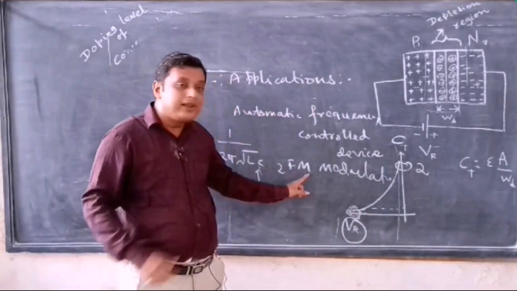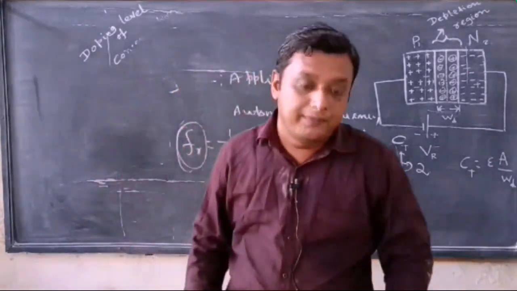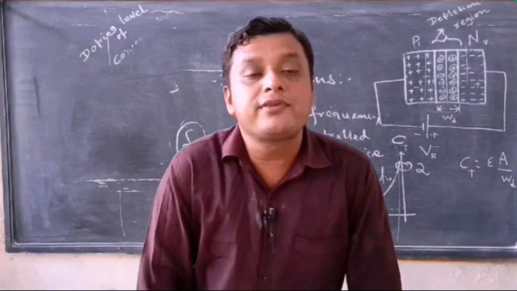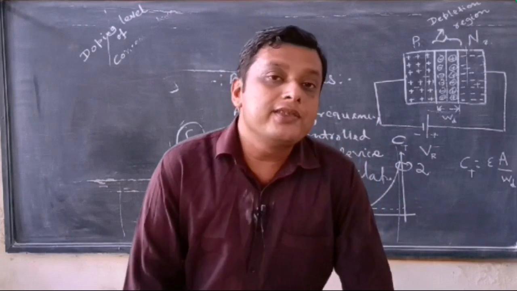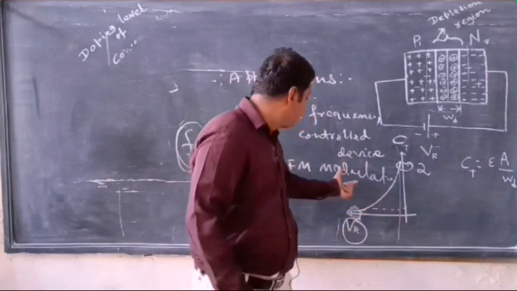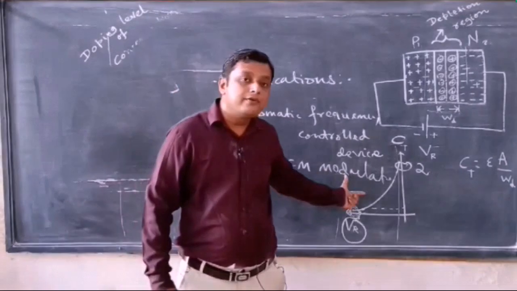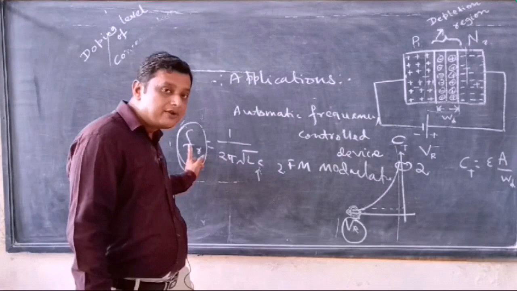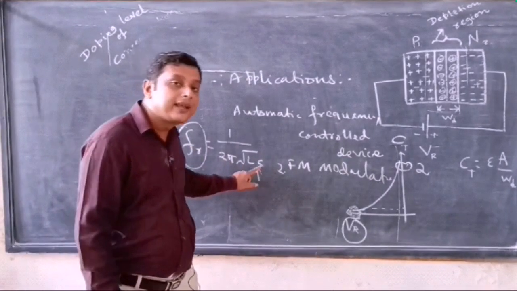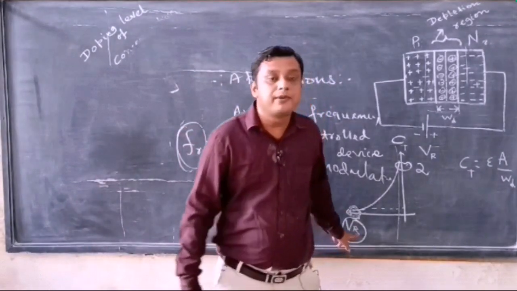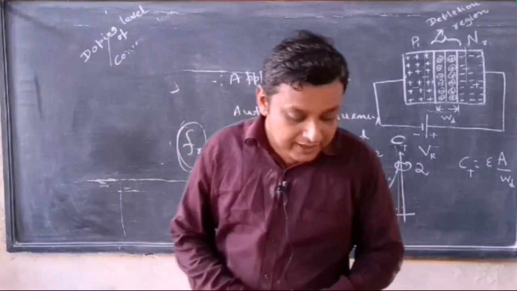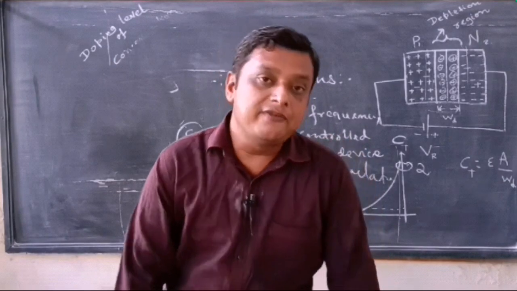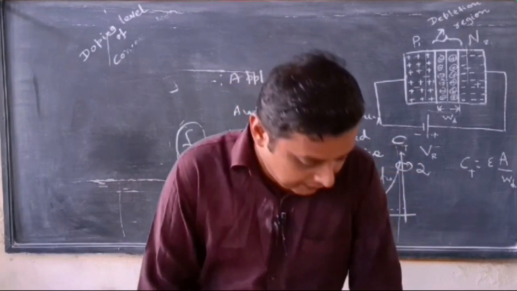So the frequency modulation process is achieved with the help of a frequency modulator. Again, I repeat that frequency can be controlled with the help of capacitance, and capacitance can be controlled with the help of reverse voltage. So we can say that in FM modulator, this varactor diode is used.